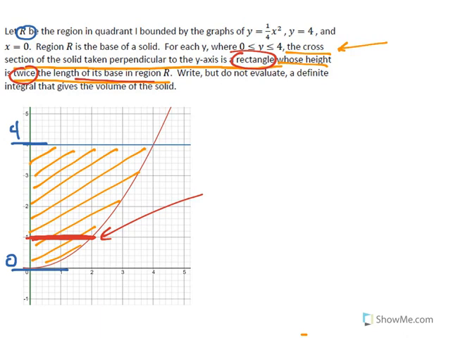But if you were to draw a horizontal line segment at y is equal to 4, which is at the extreme edge of our base, the length of that horizontal line segment is 4. So twice that would be 8.